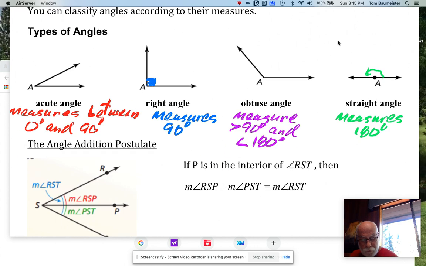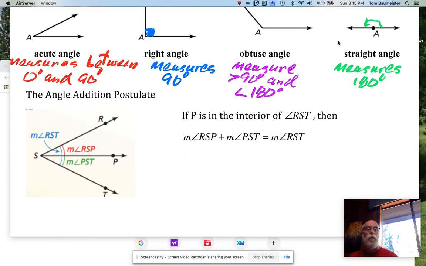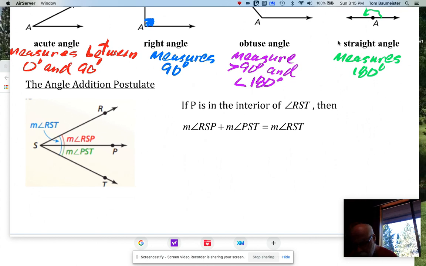Just like we had a segment addition postulate, we have an angle addition postulate. Remember, on the angle addition postulate, the parts still equal the whole.